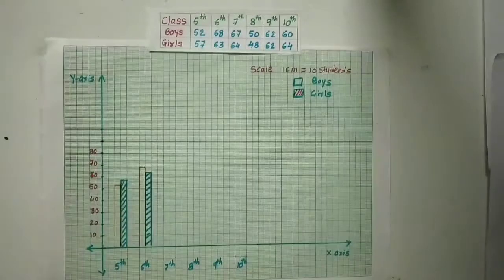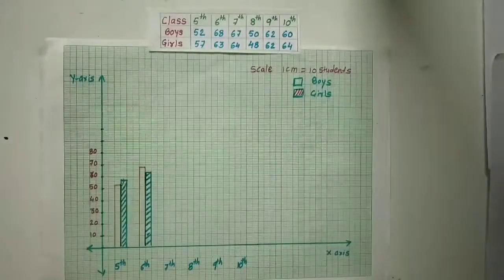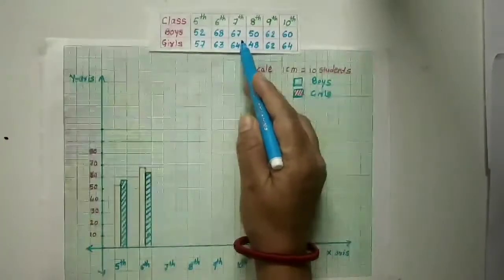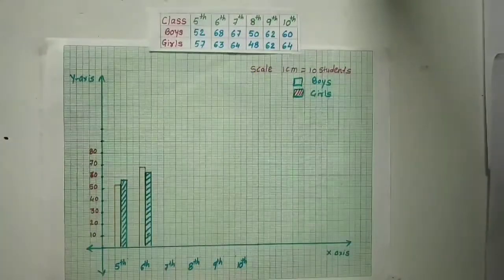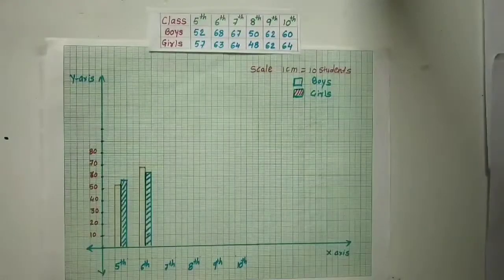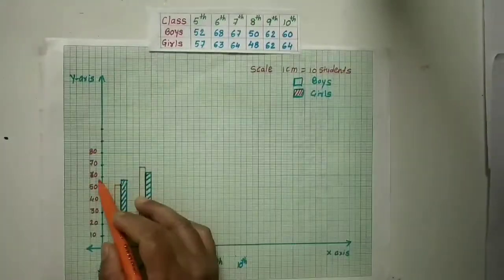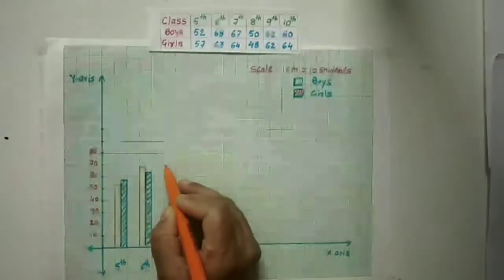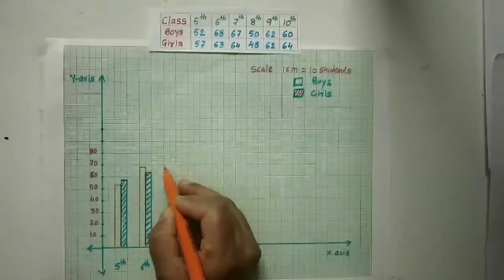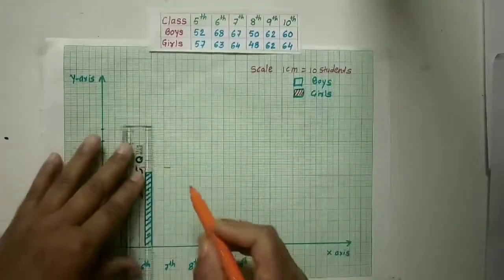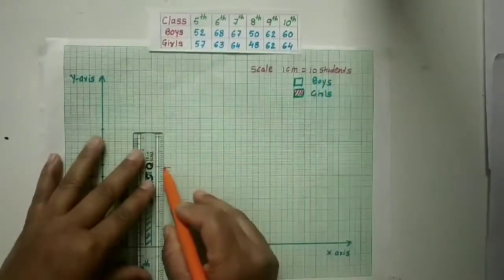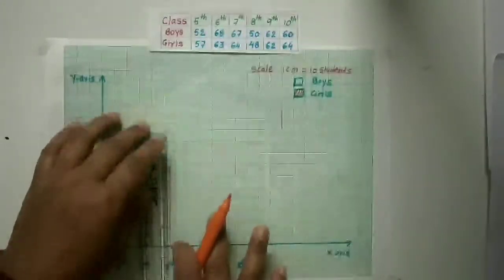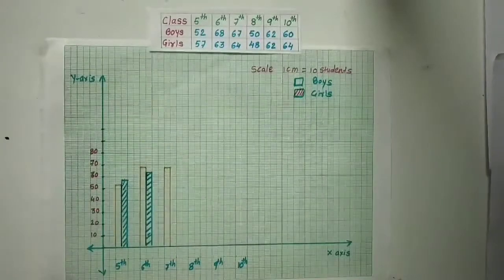Okay. Now next is the 7th standard. 67 boys and 64 girls. 67 now. 7th standard is here. 60, 60, 70 here, 67 over here. And 64 girls.